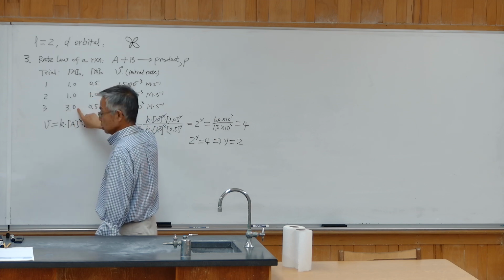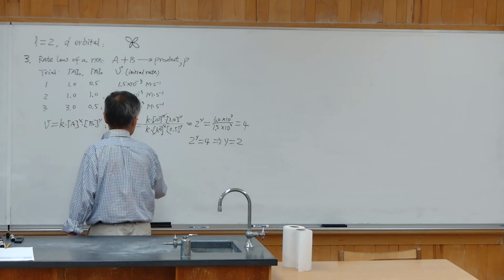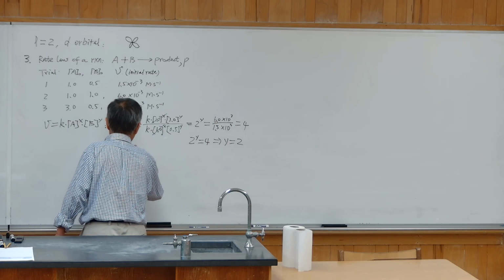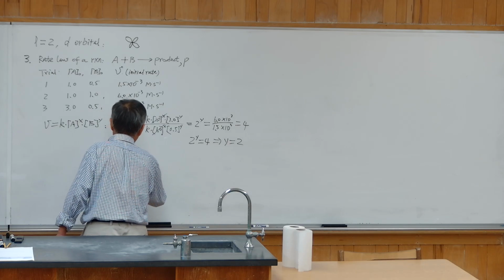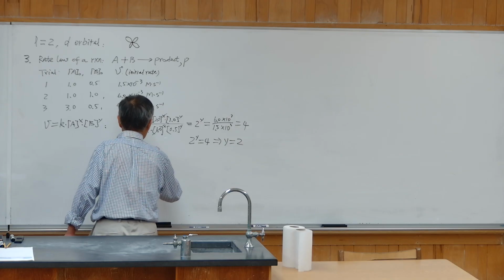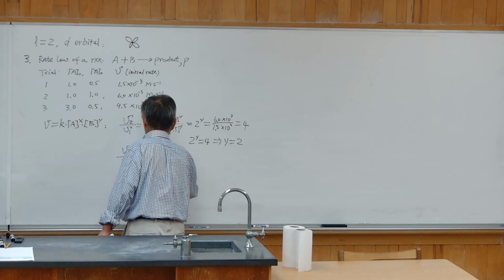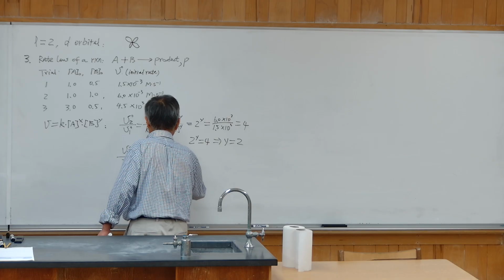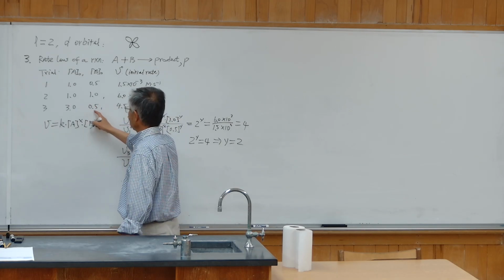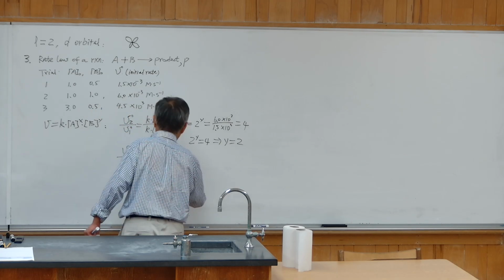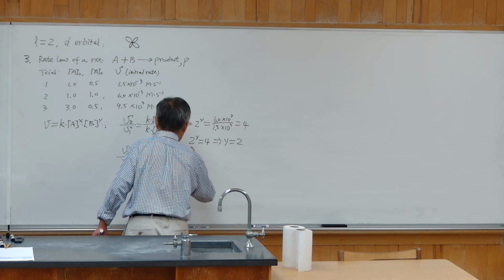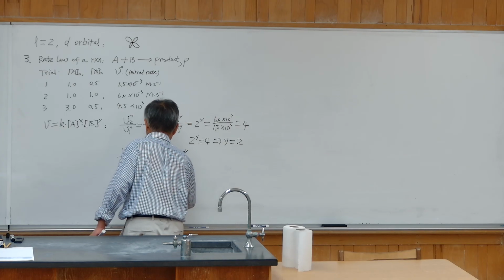A concentration is 3 times higher. So V3 over V1, so K times A concentration 3 to the X power, B is 0.5 to the Y's power. K is the same.